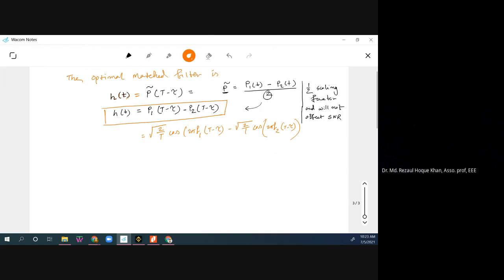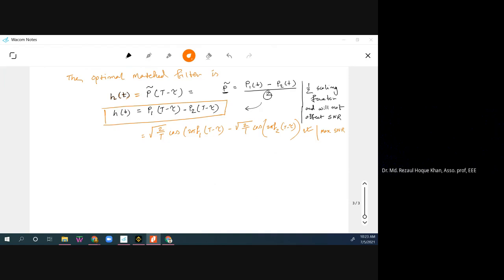So this is also the same expression: for maximum SNR, this is the optimized matched filter to get the maximum SNR.